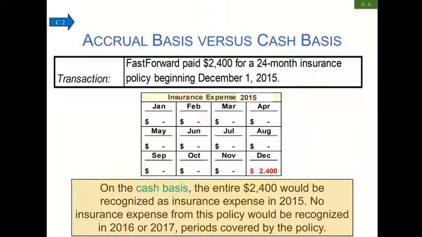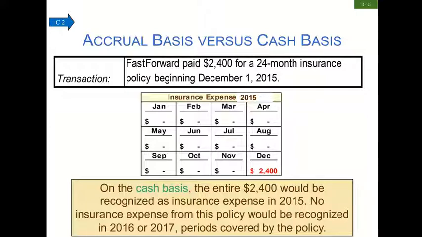At this point, the 1st of December, it is recognized as insurance expense. So it is related to only one period, 2005, and no other period will be affected by the insurance expense if the company uses cash basis.